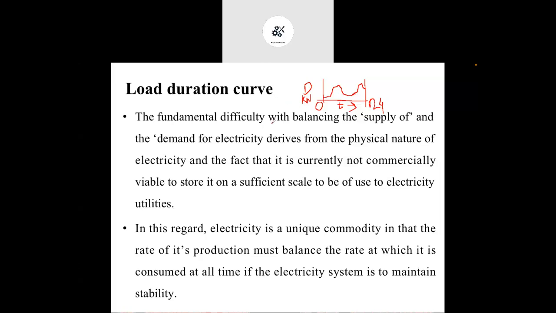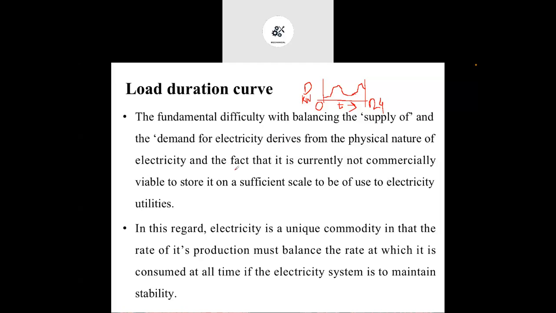So for different durations of time, we can draw the particular load curve, and this is known as the load duration curve, or simply the load curve. This is the most important because the different numericals will depend upon this load curve. We are going to see those numericals in the incoming lectures.